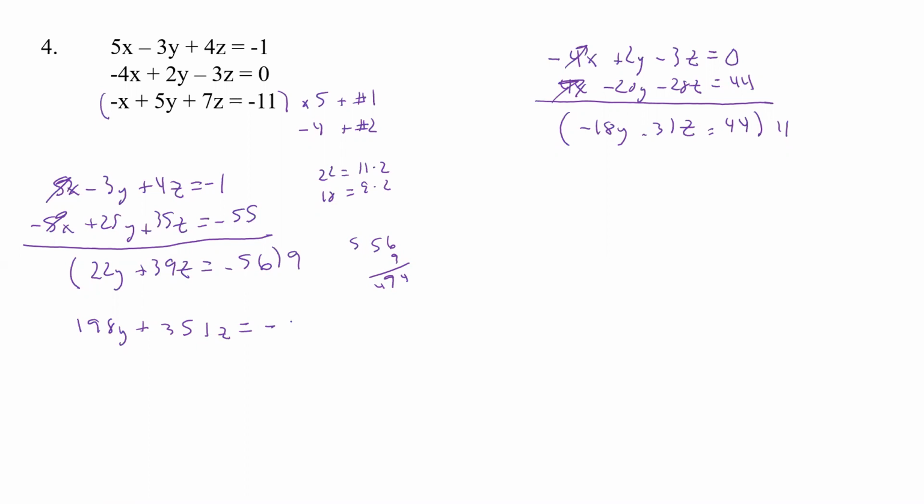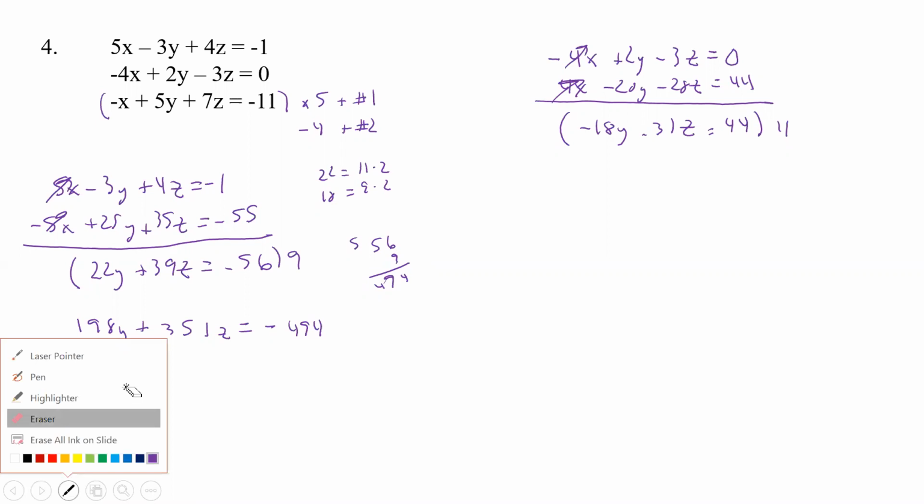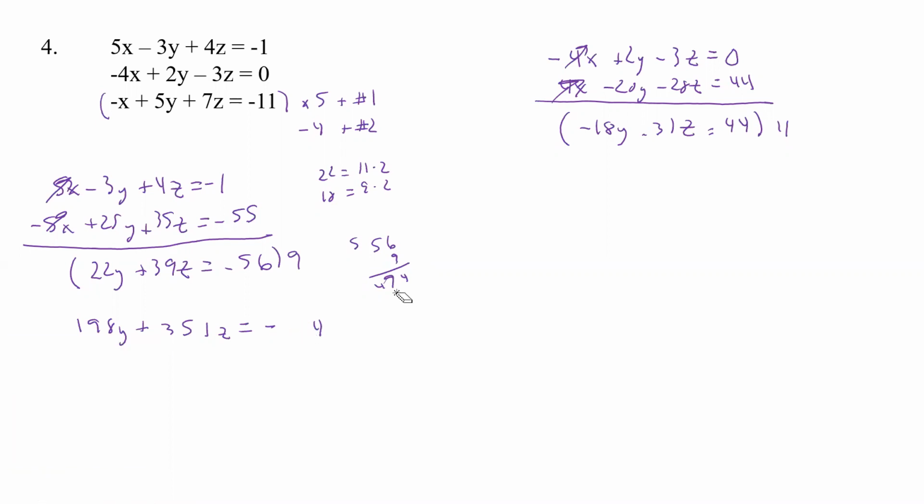Yeah, so that's a minus 494. Is that right? 50. Oh, that's a 50. Never mind. I see what I did wrong. All right, so that's 45 plus 5 is 50. So that's 50 there. All right, and so when I multiply this one times 11, so that had better be a negative 198y.